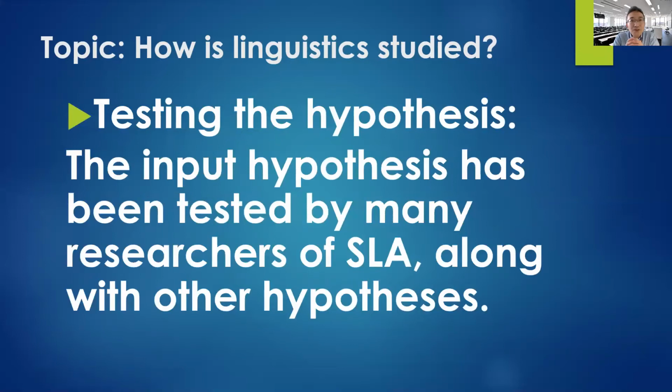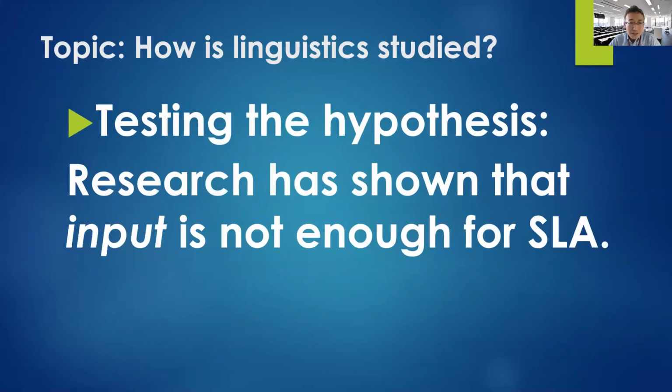After the creation of the input hypothesis, that hypothesis has been tested by many SLA researchers along with other hypotheses, but these hypotheses must be tested before being accepted. Research has shown that input is not enough for SLA. For second language acquisition, input alone is not enough to acquire a language.